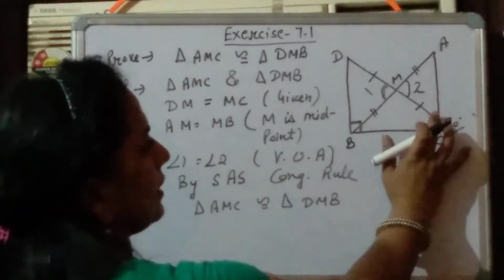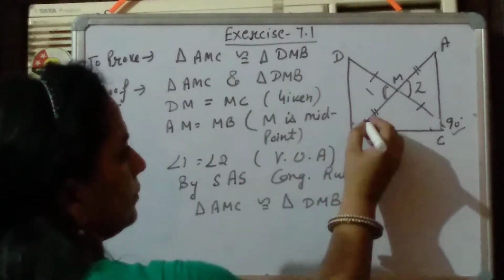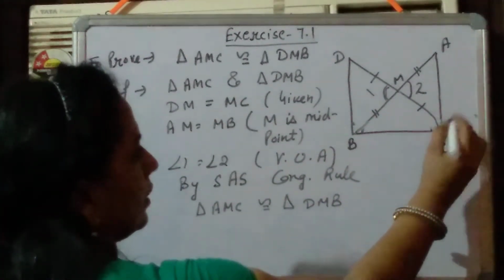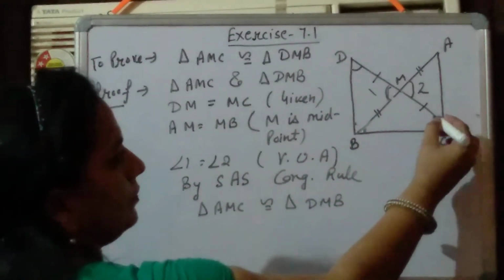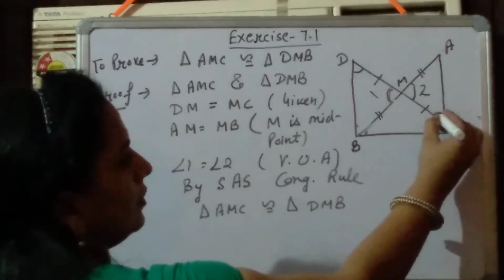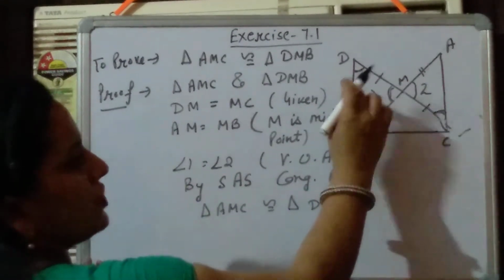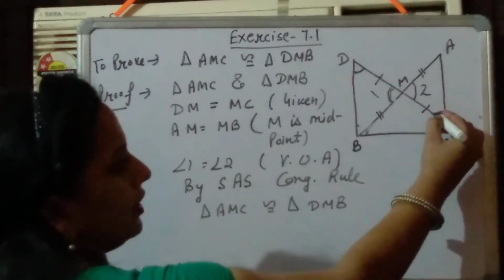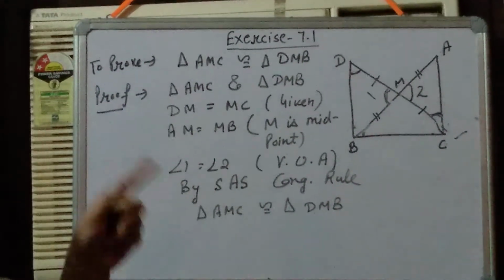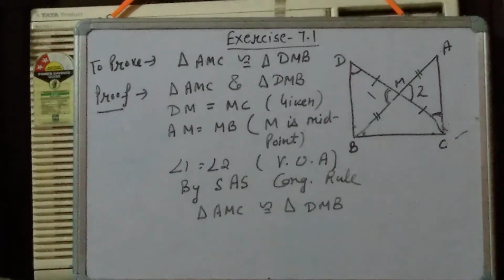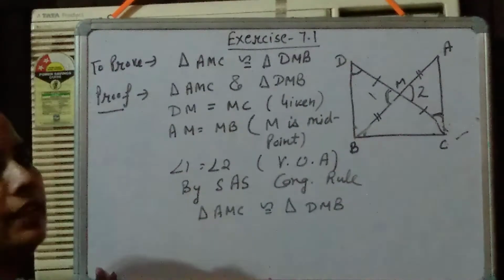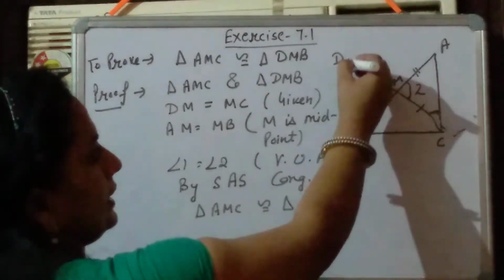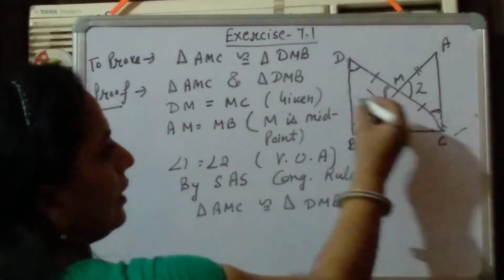So we can say that these two angles are equal. Angle D of this triangle and angle C of these triangles are equal. If these two angles are equal in measurement, then we can say that these angles are alternate interior angles. So we can say that these two lines are parallel lines.